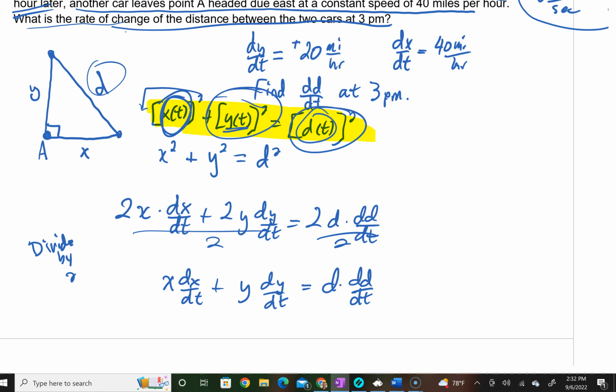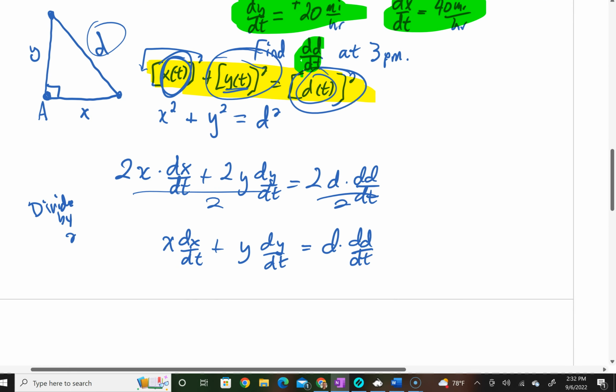And I think at this point we might be feeling pretty good because kids can say, oh, look, we had a related rate up above. We know what dy dt is. We know what dx dt is. We're trying to find dd dt. But all of a sudden, we're going to feel very upset because we're going to look at this equation that I have right here.